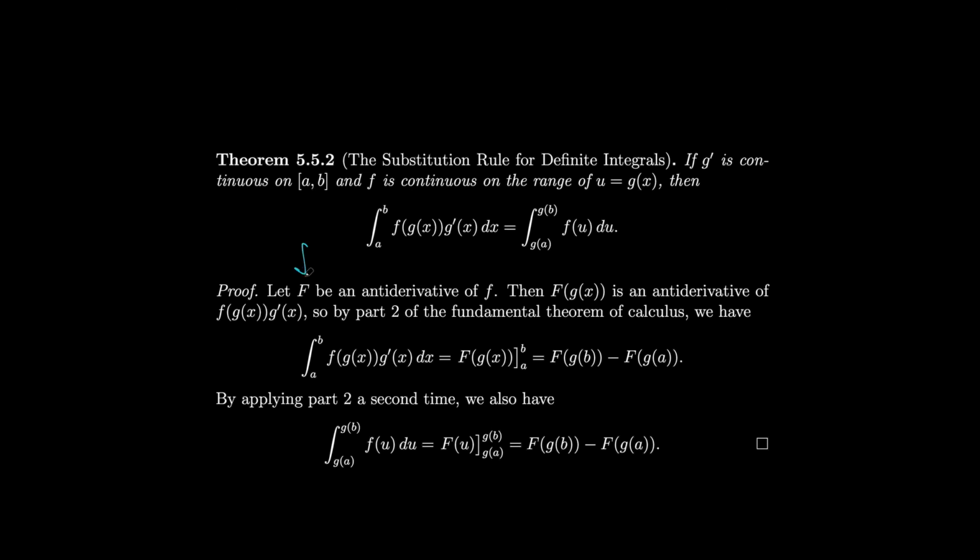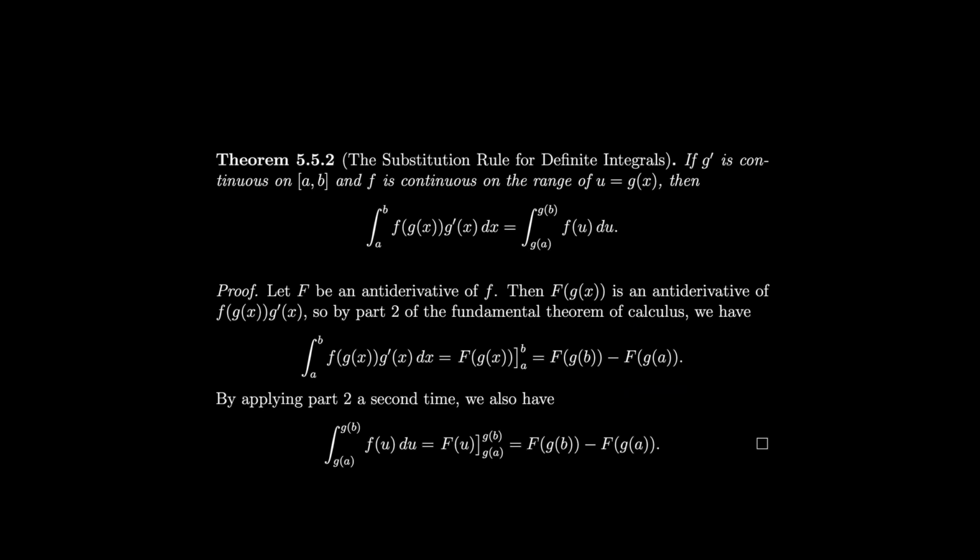Let capital F be an antiderivative of lowercase f. Then F of g of x is an antiderivative of f of g of x times g prime, so we can apply part 2 of the fundamental theorem of calculus. We get that this is the result of the definite integral, which evaluates as this.